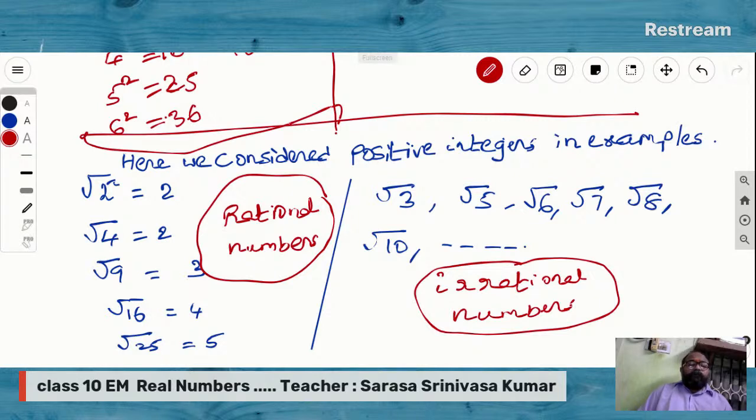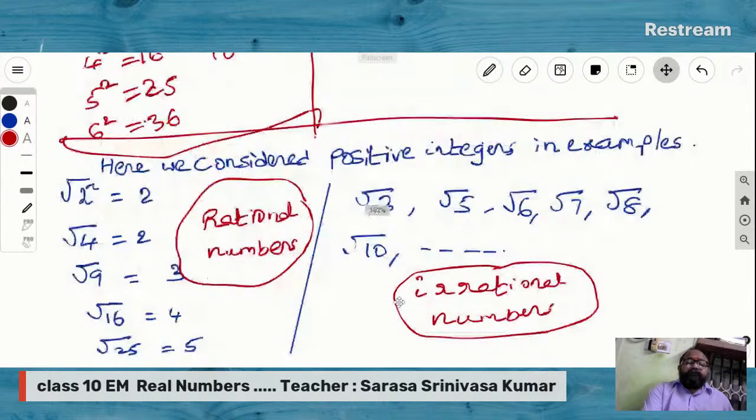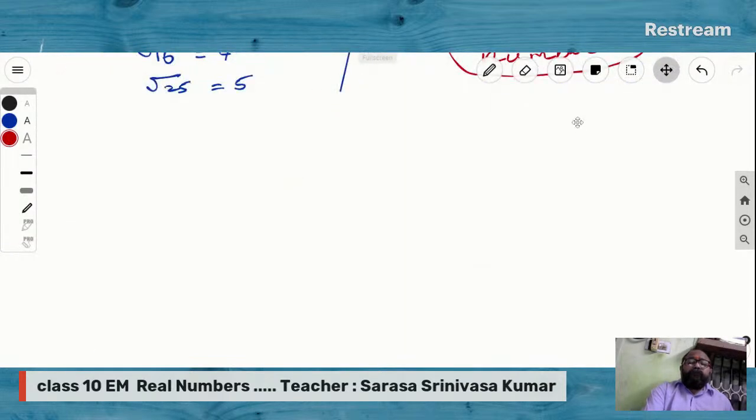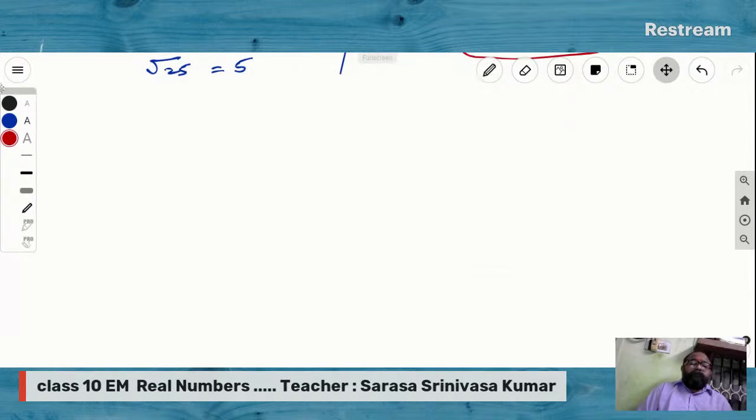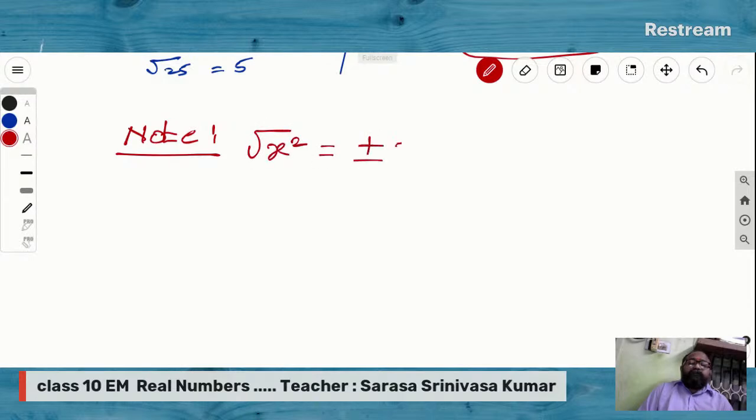Why? Because we get only positive integers. Here we considered only positive integers in the examples. Why? Because here you must remember that the square root of x square equal to plus or minus x.